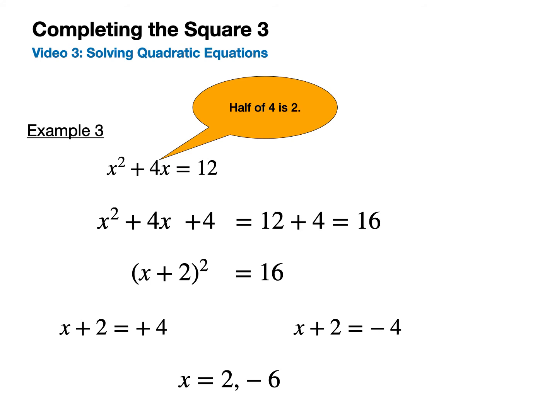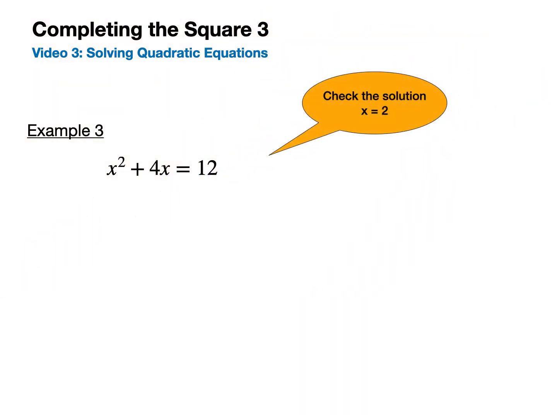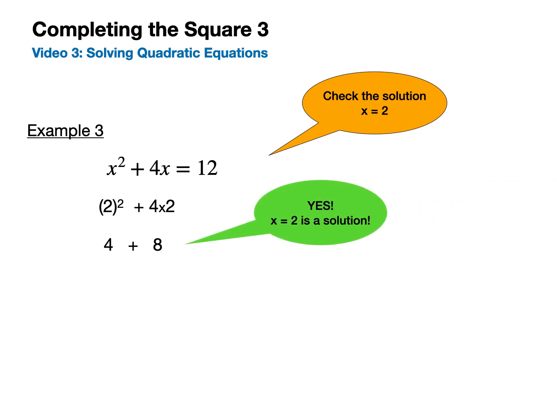I'll check that these two solutions are correct. Taking the x equals 2 solution, substitute this value into the original equation, and I get 2 squared plus 4 times 2, that's 4 plus 8, and yes, that is equal to 12, so x equals 2 is a correct solution.